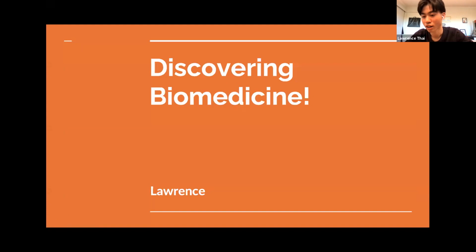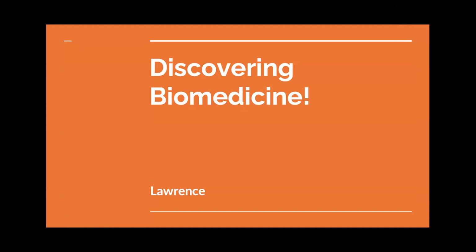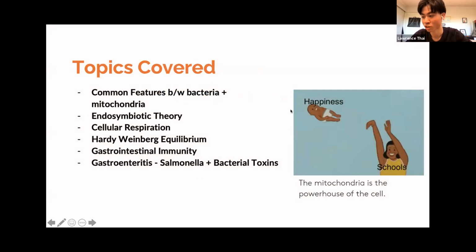Okay. All right. So I'm Lawrence, and these are the kind of topics that we're going to go through today. So the first one is mainly about like bacteria and mitochondria. The second one is the endosymbiotic theory, which kind of is related to bacteria and mitochondria.